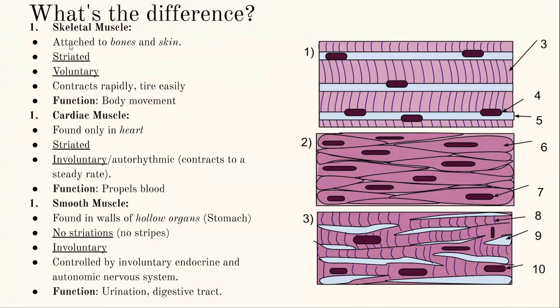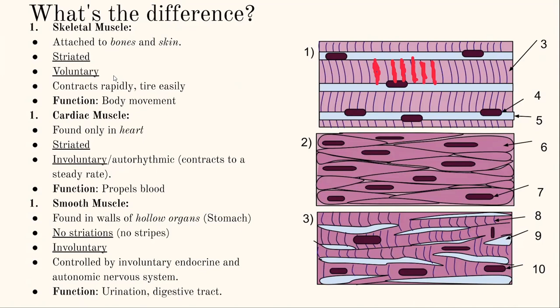So skeletal muscle attaches to the skin and bones, and that's going to have striations here. It's also voluntary, meaning that you consciously move your muscles.